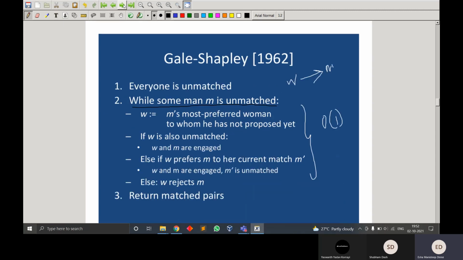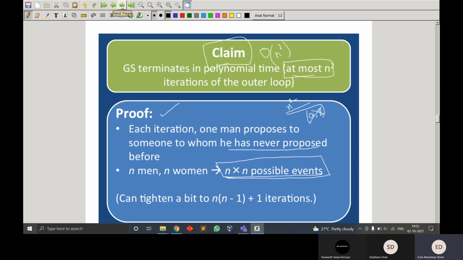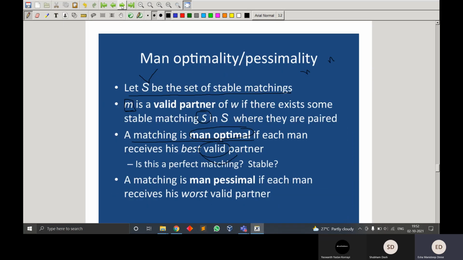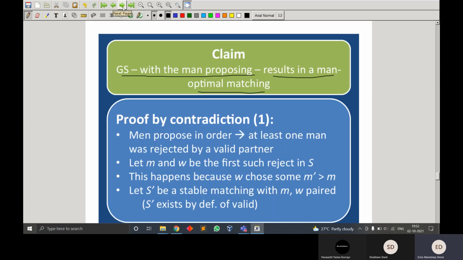The Gale-Shapley algorithm is quite important, a very simple algorithm that runs very fast, which is unexpected because the brute force algorithm took something like order n squared. Actually, it might take even more, because for each of these scenarios you need to verify if it's a stable matching or not. So Gale-Shapley is a very elegant algorithm, and we also learned that it is skewed: it results in a man optimal matching and a woman pessimal matching. If anybody wants to see the proof, I'll upload it in the file section.